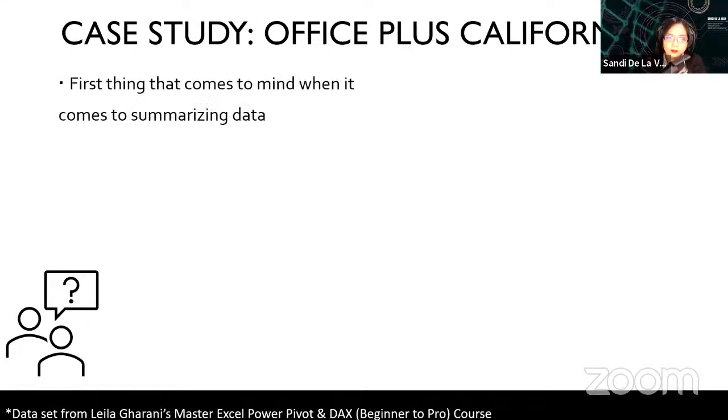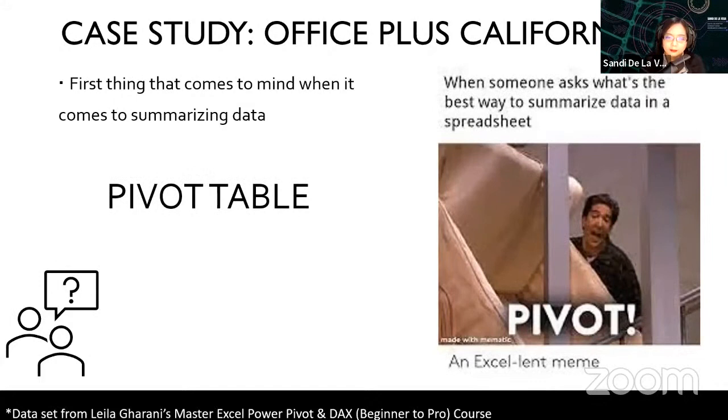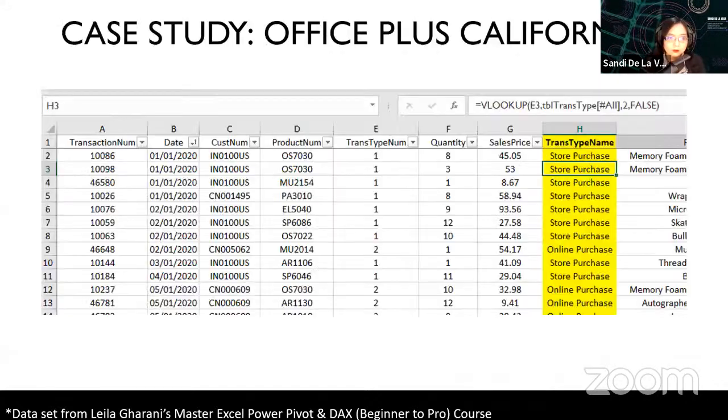Now, what first comes to mind when you see the data is, of course, to use a pivot table. If you use the normal pivot table, you will be tasked to use XLOOKUP or maybe VLOOKUP and index match in order to create one source data for the pivot table.